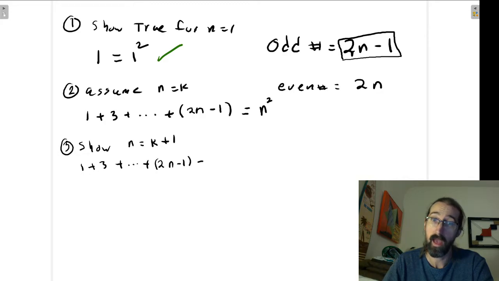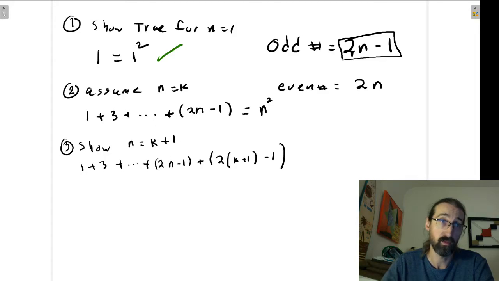And now I add on the next odd number, which is going to be 2 times k plus 1 minus 1. Right? So this is my nth number right here, the nth odd number, or kth odd number.